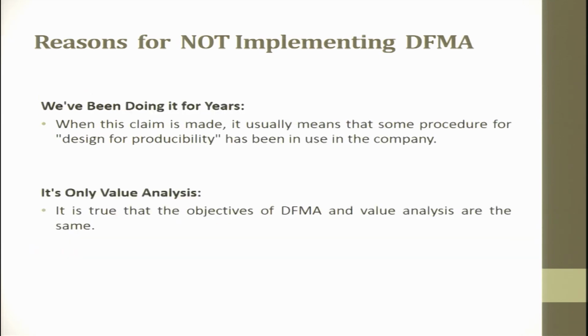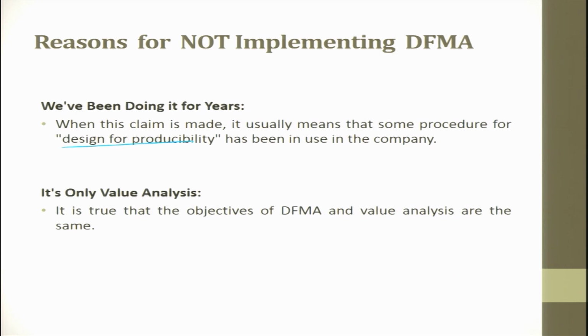We have been doing it for years. This is a typical mindset amongst industries, that they do not look for implementation of design for manufacturing and assembly. When this claim is made, it usually means that some procedures for design for producibility have been in use in the company.